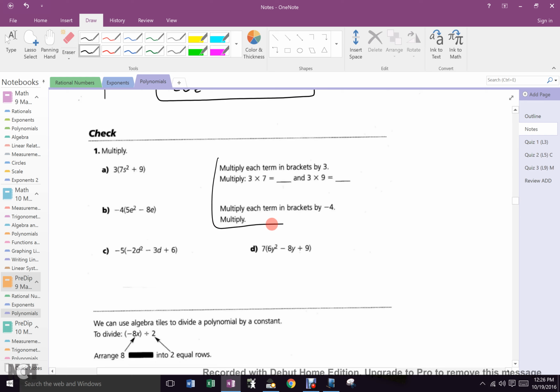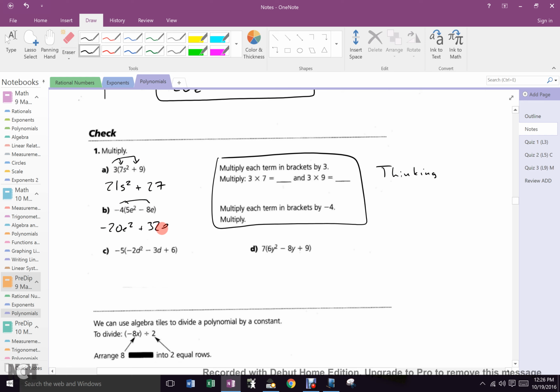Remember, this is thinking. Some people need it to remind themselves. Others don't. What do I have here? There and there. What's my answer? 21s squared plus 27. What's my answer here? Plus 32e.